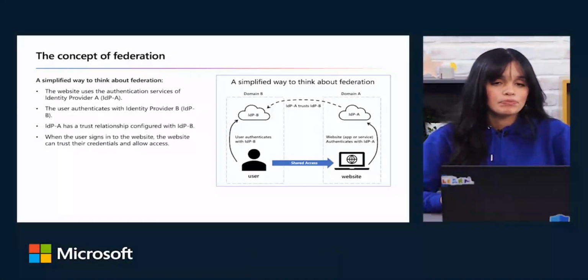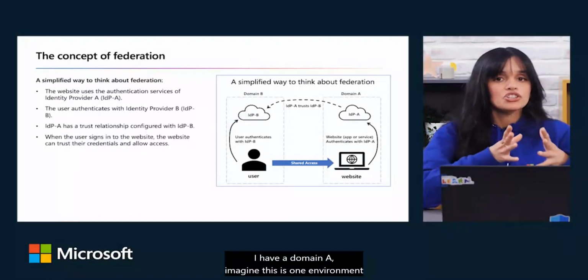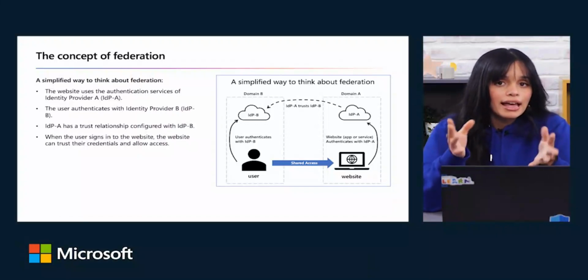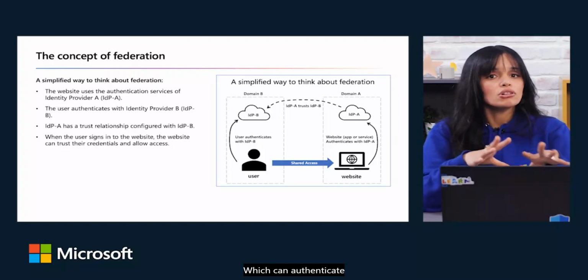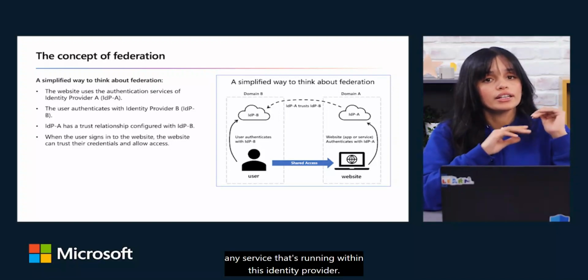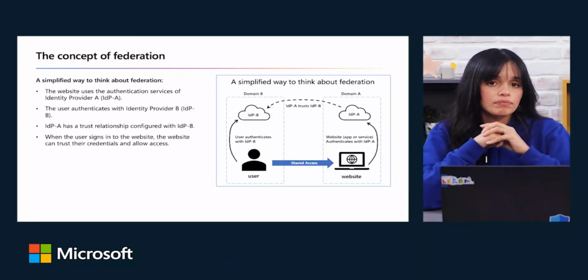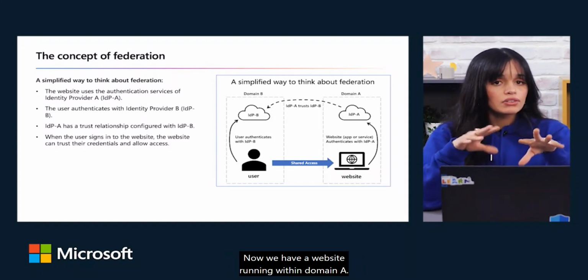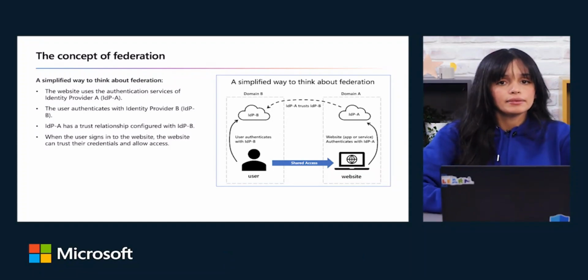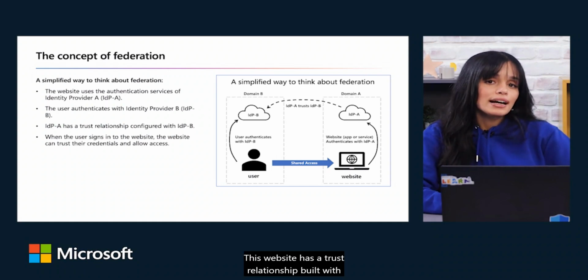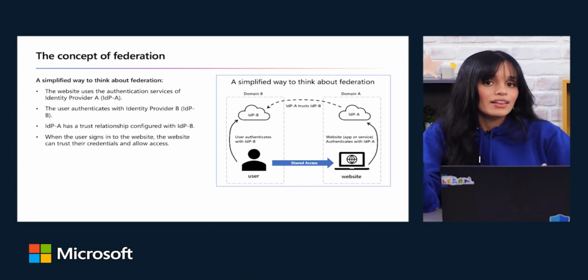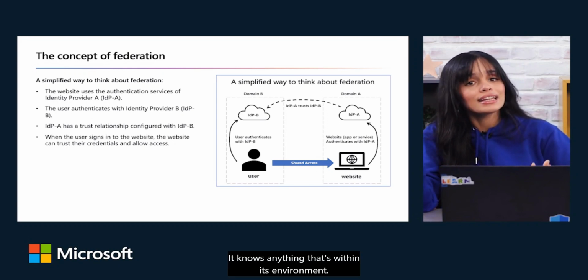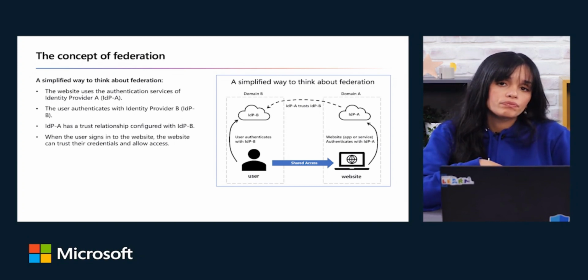So I have a domain A. Imagine this is one environment, and I have an identity provider for domain A, which can authenticate any service that's running within this identity provider. Now we have a website running within domain A. This website has a trust relationship built with its identity provider, so it knows anything that's within its environment.